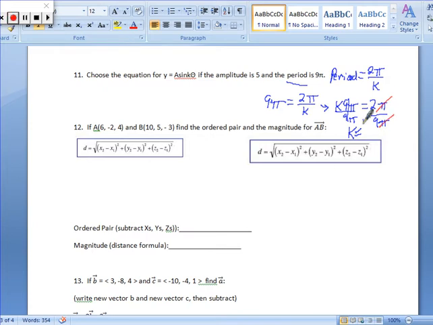And so K is 2 over 9. So once K is 2 over 9 and you already know what your amplitude is, then it's going to be y equals your amplitude, which is 5, put your sine, and then what's your K? 2 over 9. So here's 2 over 9 theta. So there's your answer.